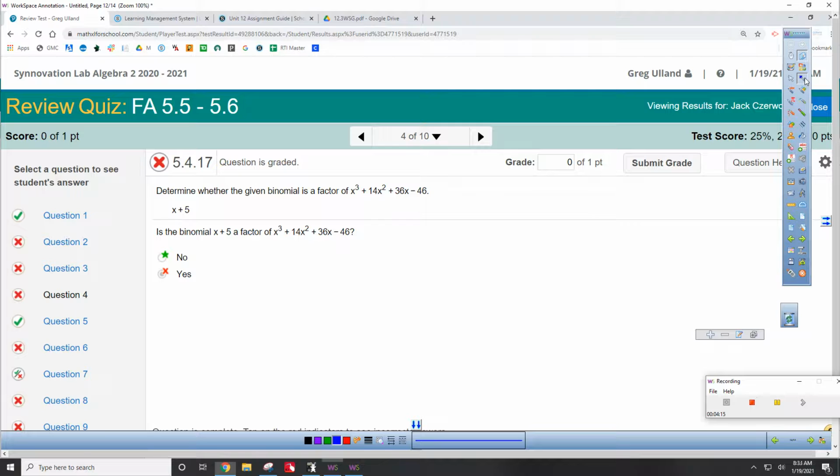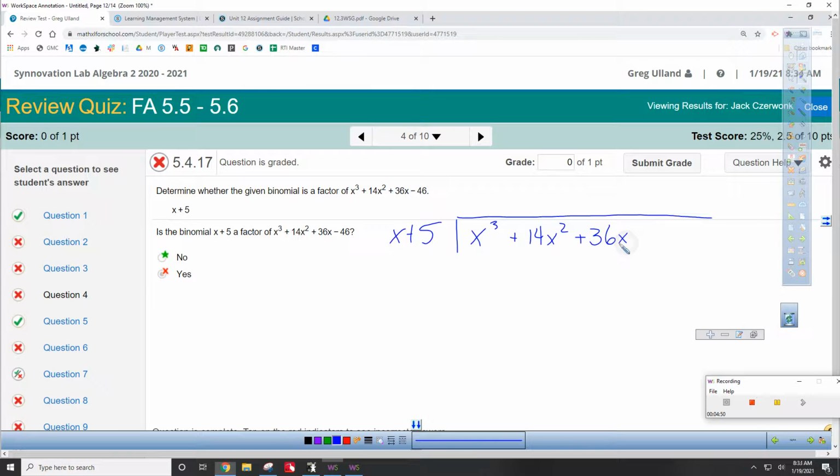So we would do, does x plus 5 evenly go into x cubed plus 14x squared plus 36x minus 46, okay? So then x goes into x cubed, x squared amount of times.